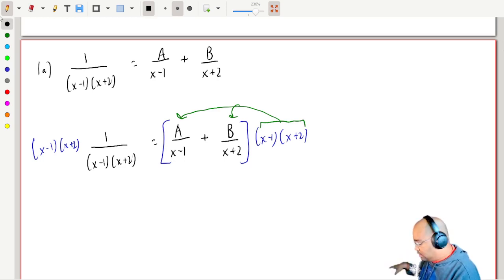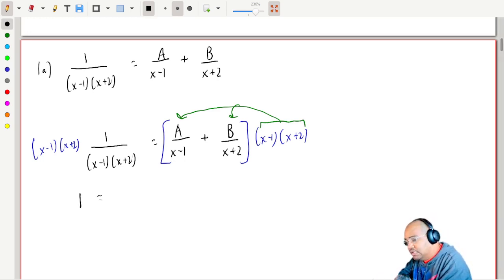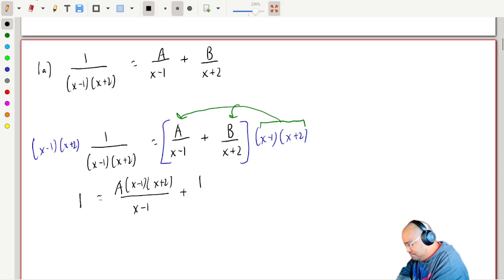On the left-hand side, we have the same factors, so everything vanishes. We just have a 1. On the right, when we expand, we have a times x minus 1 times x plus 2, over x minus 1, and now b times x minus 1 times x plus 2 over x plus 2.